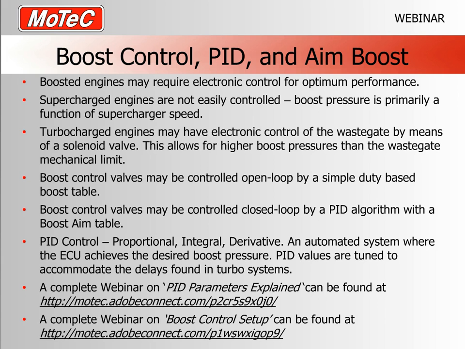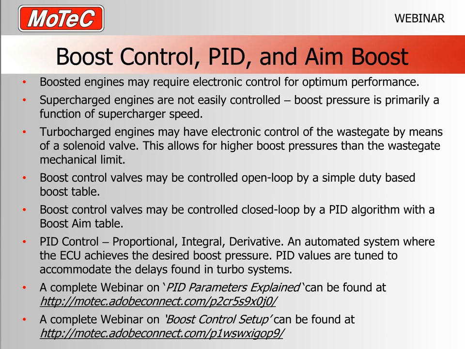The other option is to control it closed loop, and in this case what we use is what we call PID, which is a control algorithm, and in this case we use a boost aim table. The objective here is, rather than specifying the amount of duty cycle for a given RPM, which may produce varying amounts of boost, we put in a boost aim table which tells us what the target amount of boost is, and then the PID mechanism allows us to achieve that value.